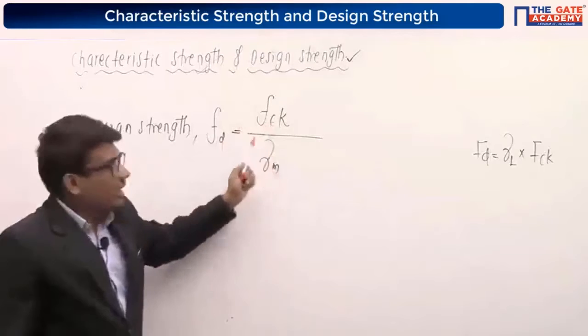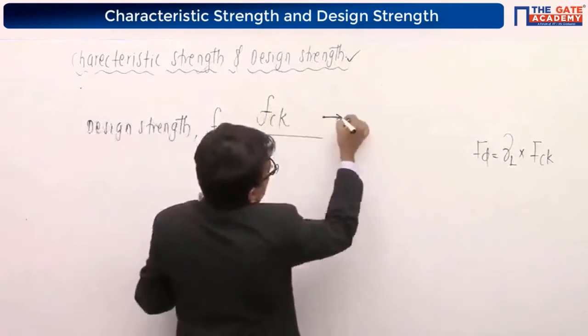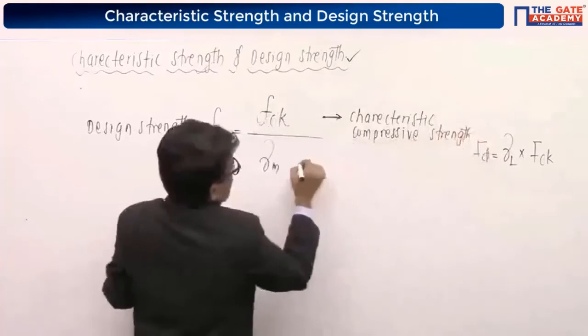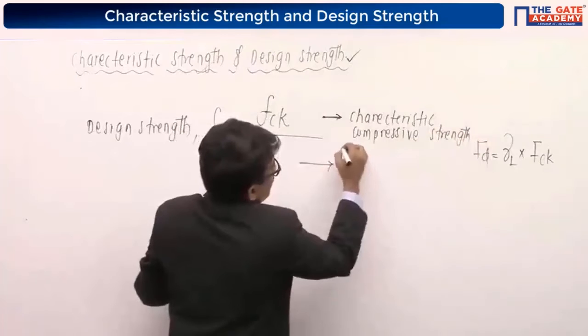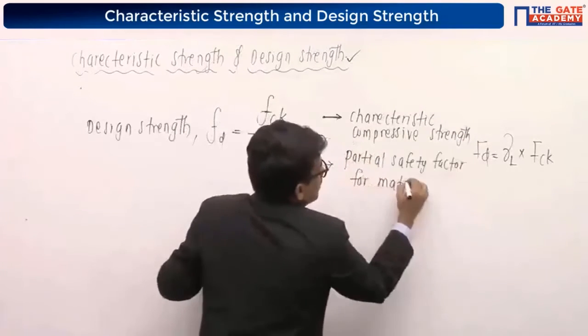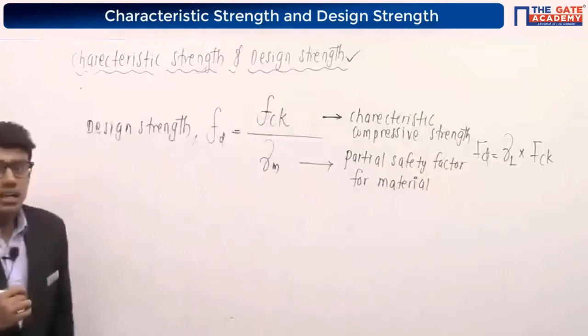What is FCK? FCK here is the characteristic compressive strength, and gamma m is the partial safety factor for material in concrete.